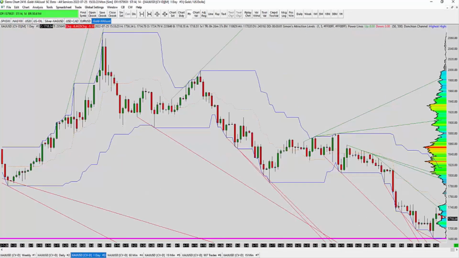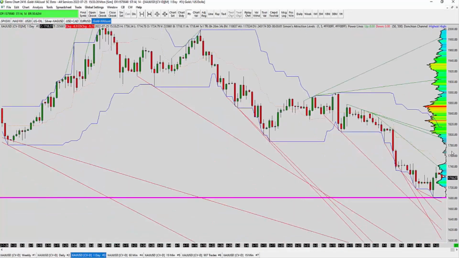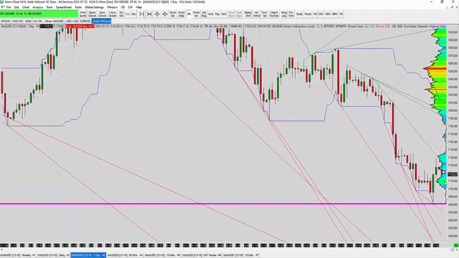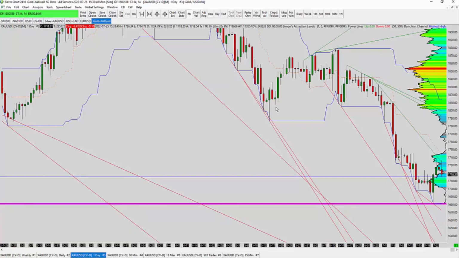You notice, according to this, the gold came down to a reversal level on the volume profile here, right at the bottom, right here. So what does this mean? This will prompt me to look for a long. For me to look for a long, I would look for confirmation.